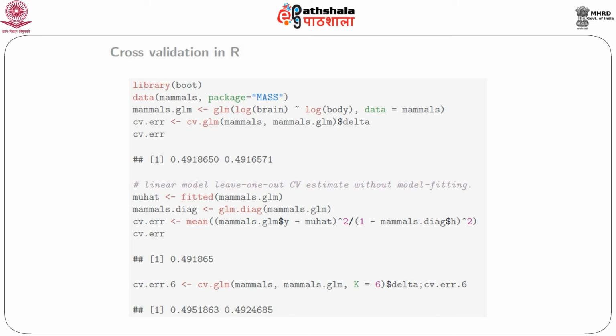Now, we can use the direct formula for linear models to compute this. So, we introduce mu hat, which is fitted(mammals.glm), that is the fitted object, and then mammals.diag is glm.diag(mammals.glm). The glm.diag is also a utility function in the boot package which calculates jackknife deviance residuals, standardized deviance residuals, standardized Pearson residuals, the Cook statistics, leverage and estimated dispersion.